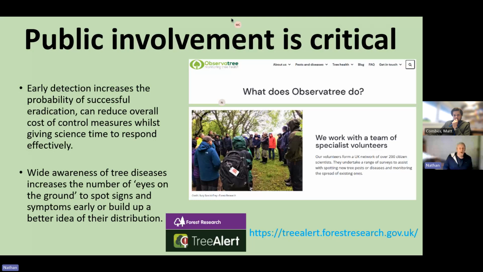So that's background. Now I want to talk about the aims of the workshops we've done this summer. And really, it's all about trying to add value to these reports that we're receiving. If we know a little bit more about the accuracy of reporting, we can better understand things like the prevalence of diseases, how many trees are affected, the distribution of diseases, where we should be looking, as well as things like pest freedom that's important for international regulation.